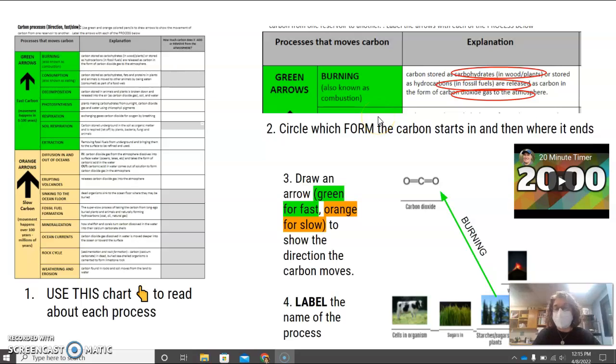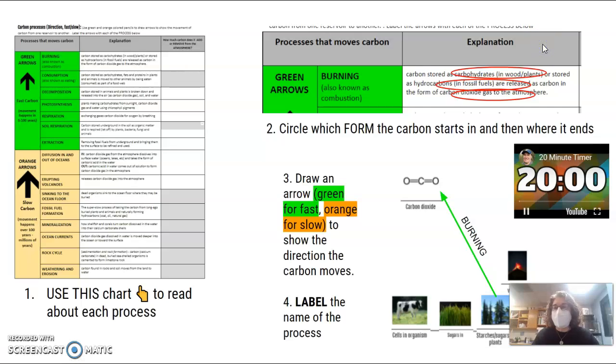We're going to be representing this with a green arrow because it's a fast process in our model. So burning, which is also known as combustion: carbon that's stored as carbohydrates, whether in wood or in plants, or stored as hydrocarbon in fossil fuels, is released as carbon dioxide gas into the atmosphere.